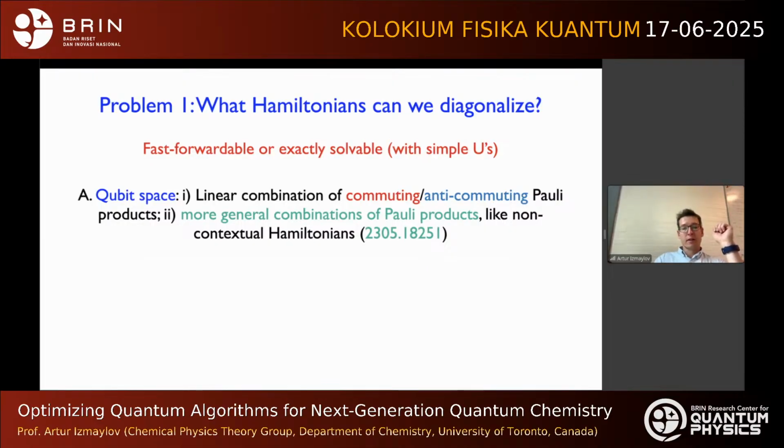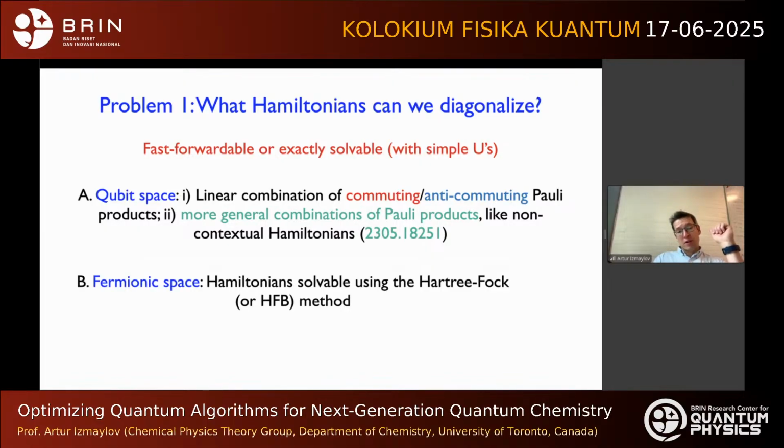I can show later how it's done, but both of these types turn out to be easily diagonalizable. There are more general combinations of Pauli products that were found recently. They are combinations of commuting and anti-commuting operators that can still be diagonalized. The arXiv reference is mentioned here.